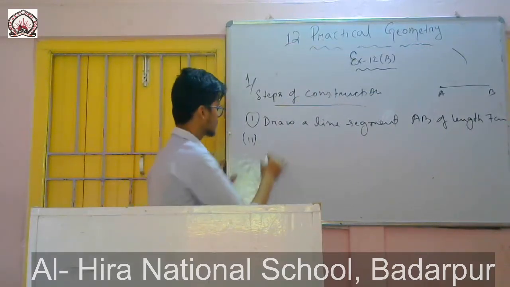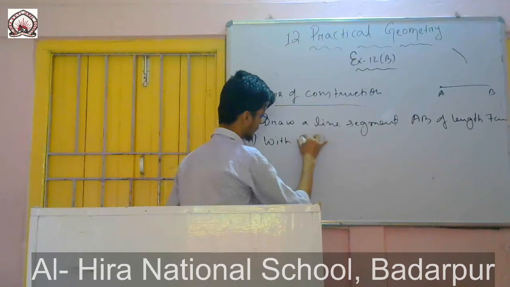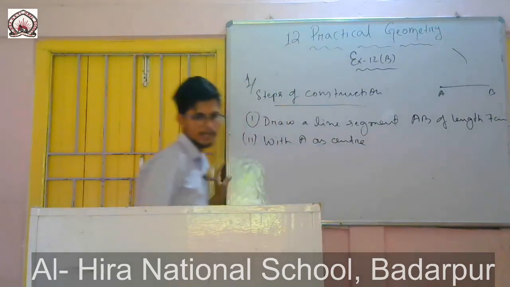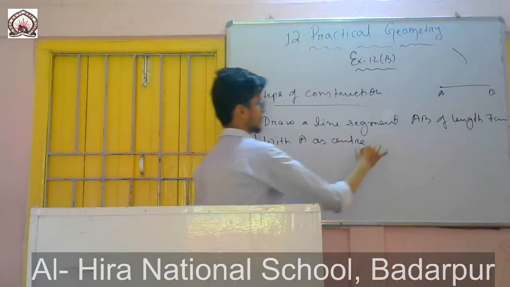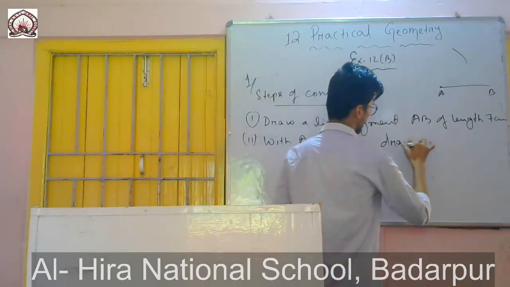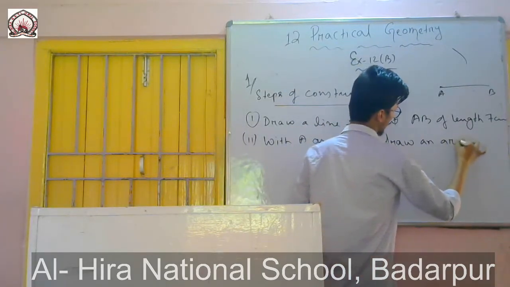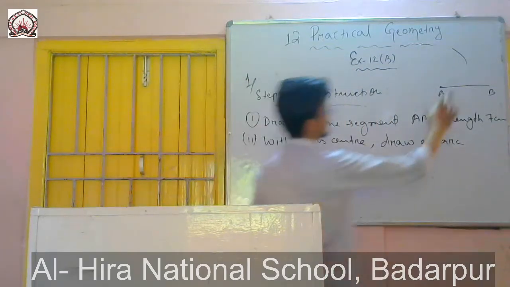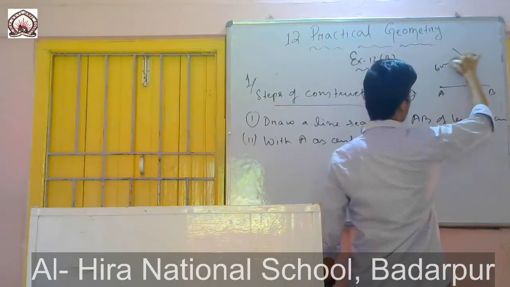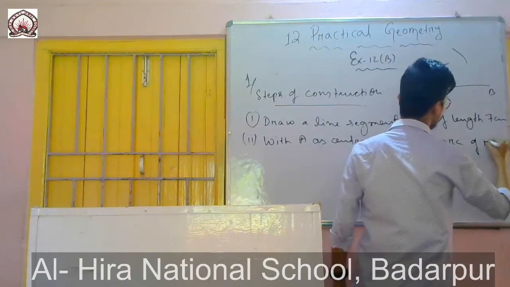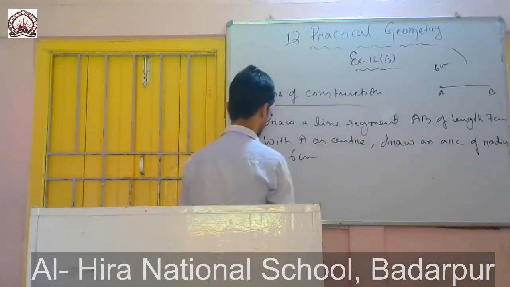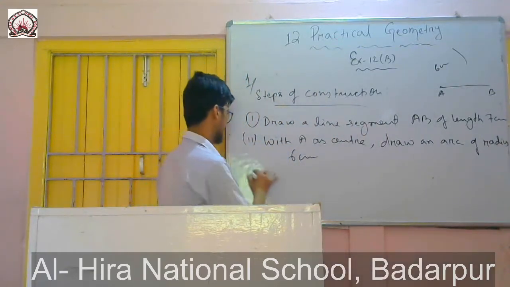So with A as center, draw an arc of radius how much? Radius 6 centimeter. Draw an arc of radius 6 centimeter.